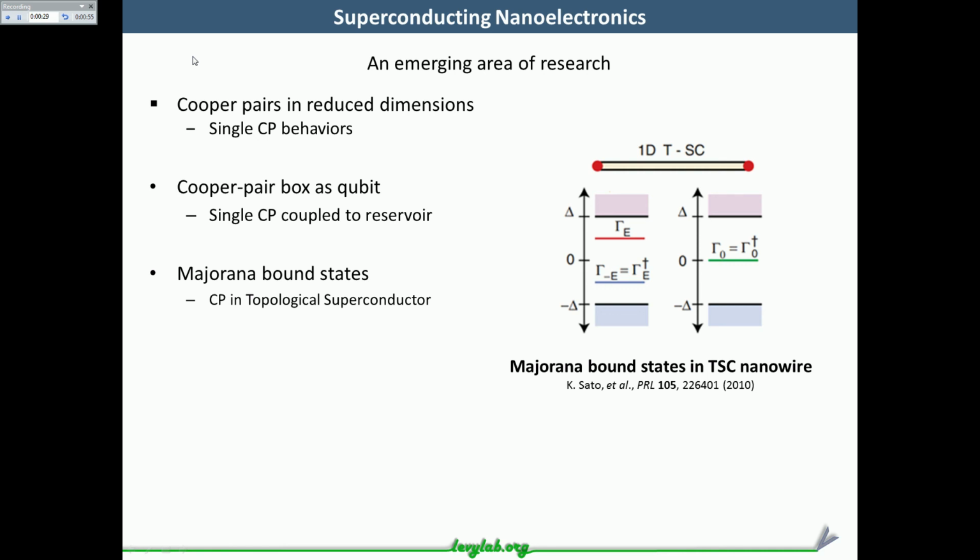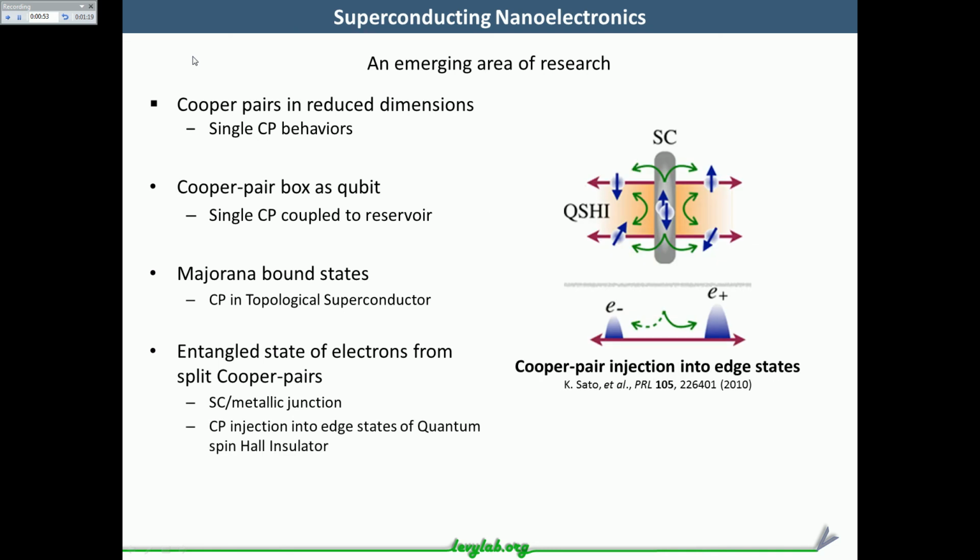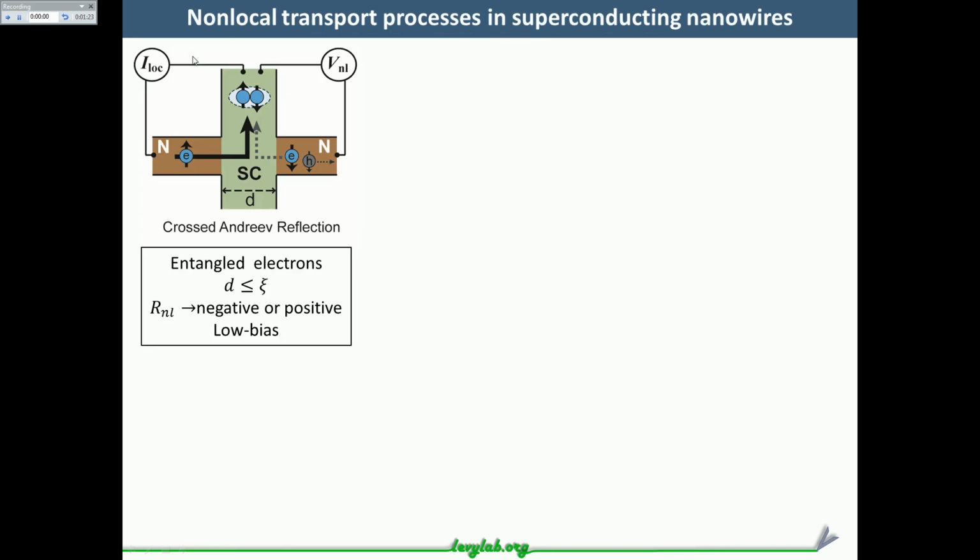These are useful for quantum information processing. They have very good coherence. In addition, you can look at entangled states of electrons from, say, splitting Cooper pairs in superconducting and metallic junctions, and Cooper pair injection similarly in the edge states of a quantum oscillator.